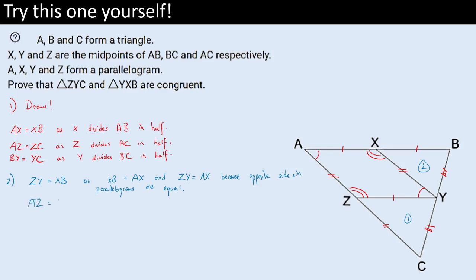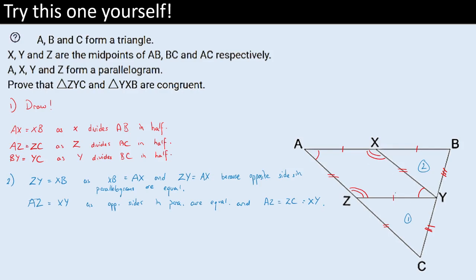We know that AZ equals XY for the same reasons as above. So as opposite sides in parallelograms are equal, and AZ equals ZC, which equals XY. Okay, so pretty much exactly the same reasons above, just with different sides.